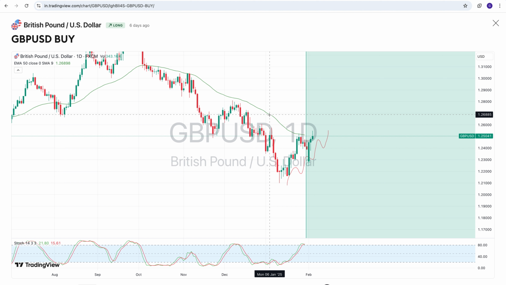Whenever the candlestick is below this 50-day moving average, I consider it a sell, and once it crosses and breaks this 50-day moving average, then retests it and goes up, it's a buy. So now it's at the neutral position. We need to see if it breaks and goes higher or not.